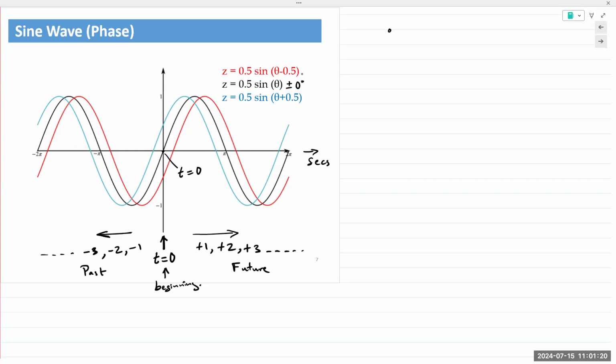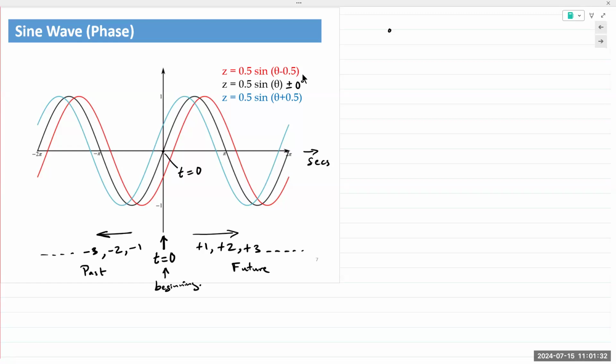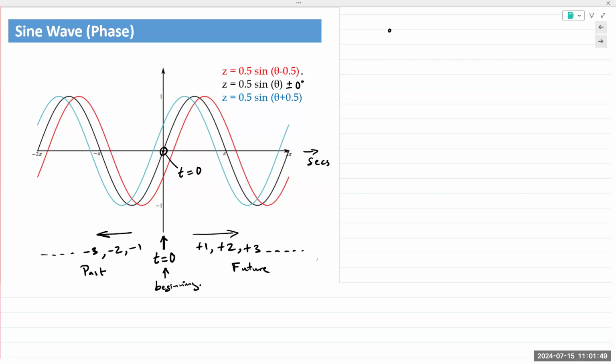So if you look at the black and the red waveforms for now, the black waveform has 0 degrees of phase because it is crossing the x-axis exactly at time t equal to 0. The value of the waveform in black has a value of 0 at time equal to 0. Does everybody see that? Magnitude is 0 at time t equal to 0.